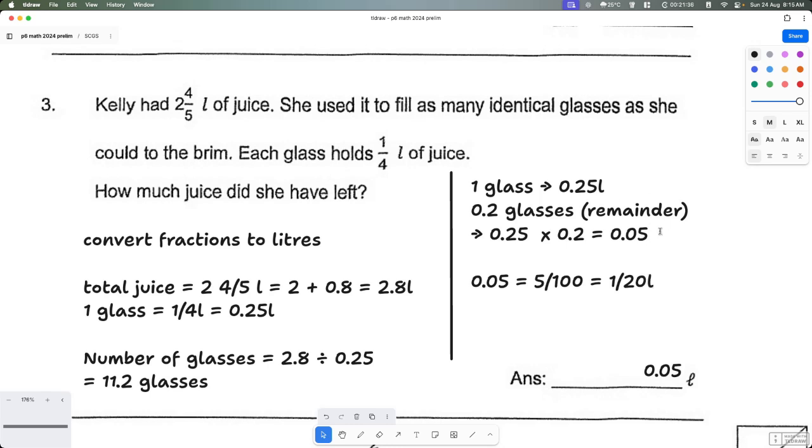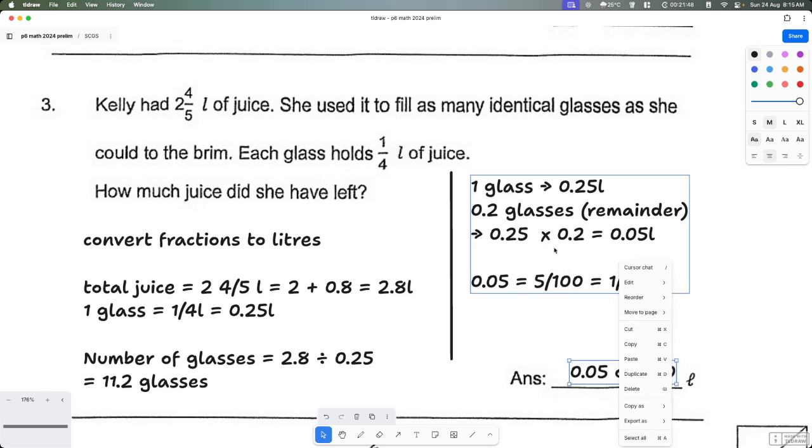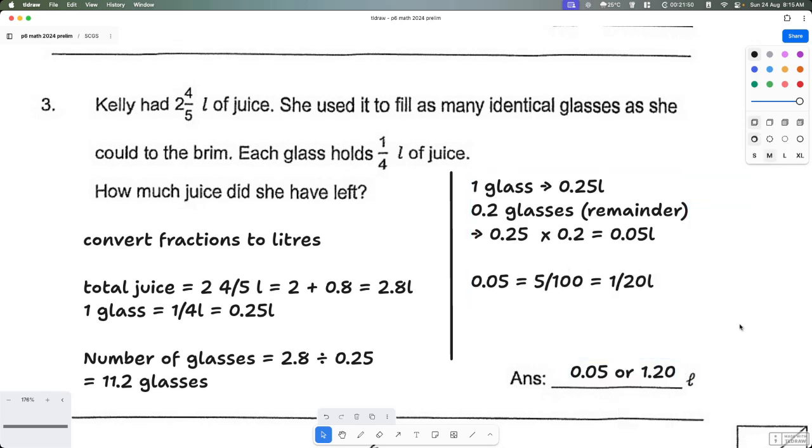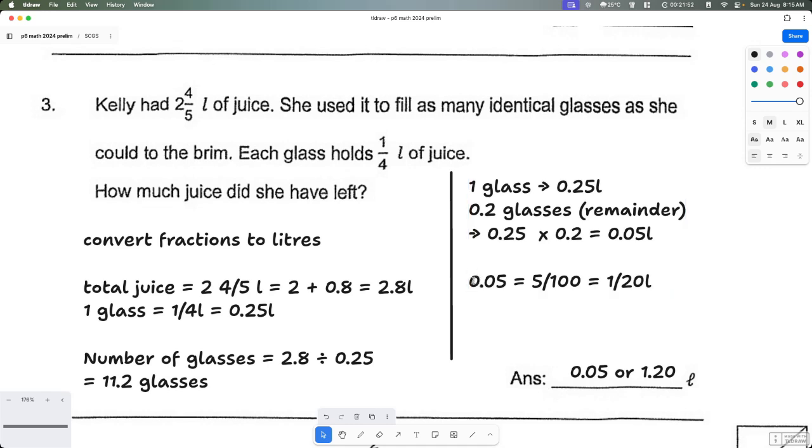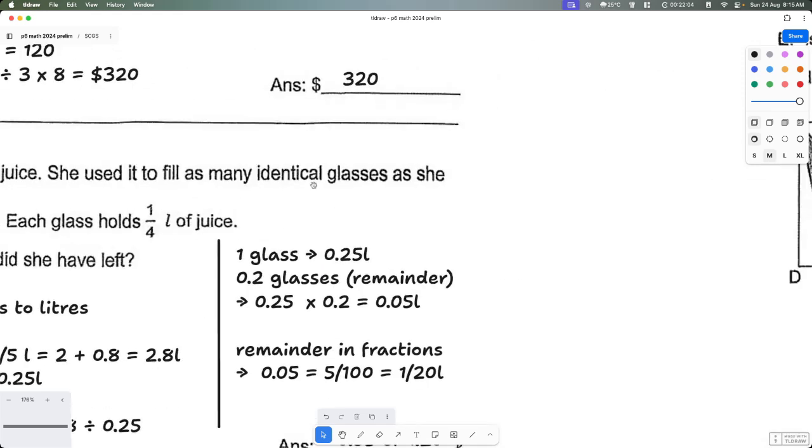So it can be 0.05 or 1/20 liters. That is the remainder in fractions. Alrighty, let's move on to the next question.